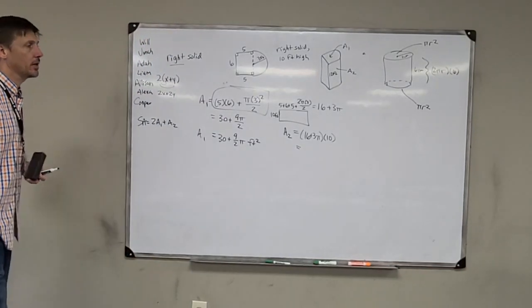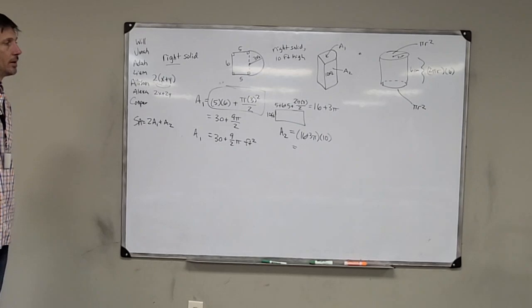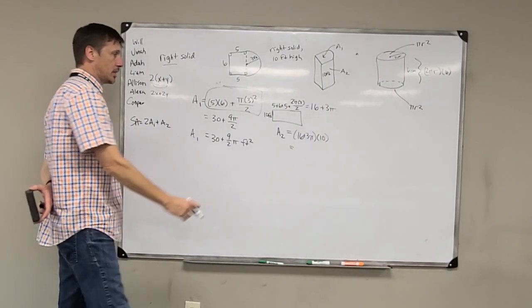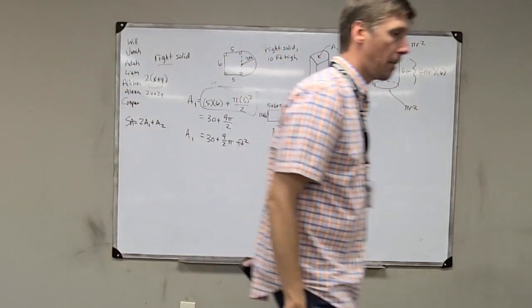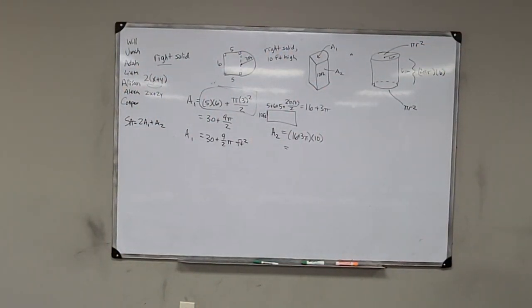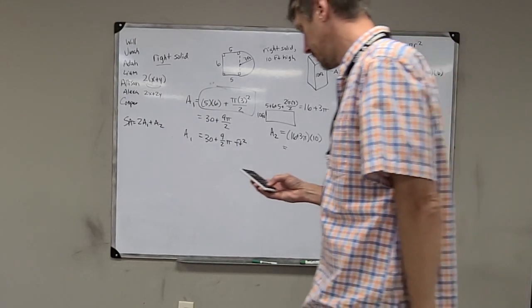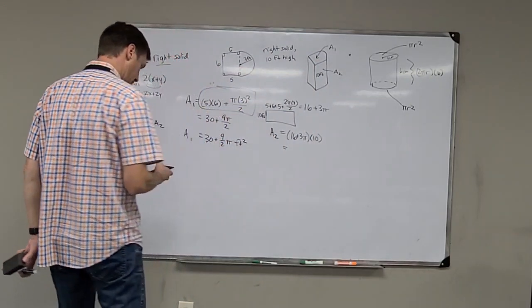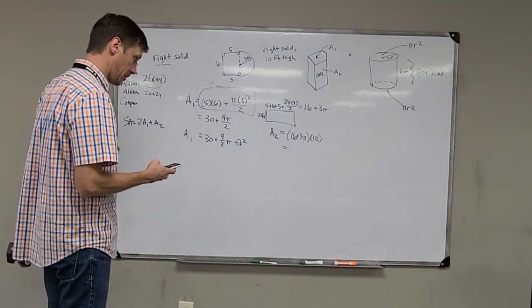So what they're going to expect us to do in this case is do the 3.14. So we could combine this together. What's 16 plus 3 pi? Those of you with calculators, what's that going to be? 25.42.